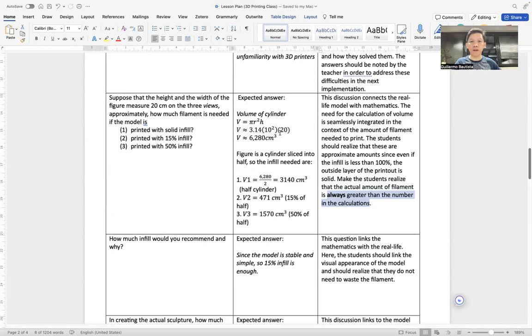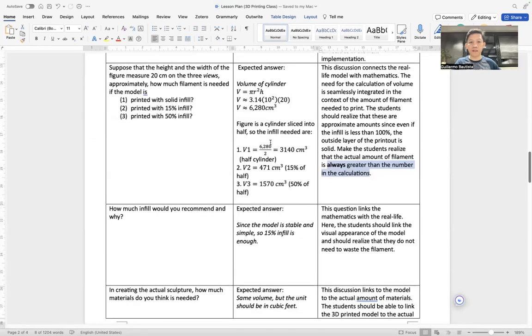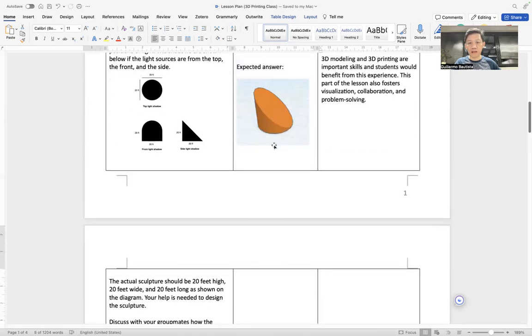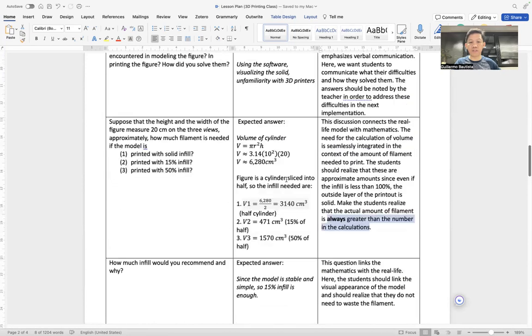So pi r squared times height, and the approximate volume is 6,280 cubic centimeters. And then since we halved it, the volume of the actual figure is half the volume of the cylinder, which is 3,140 cubic centimeters. And 15% of that is, of course, 471, and 50% is 1,570 cubic centimeters.